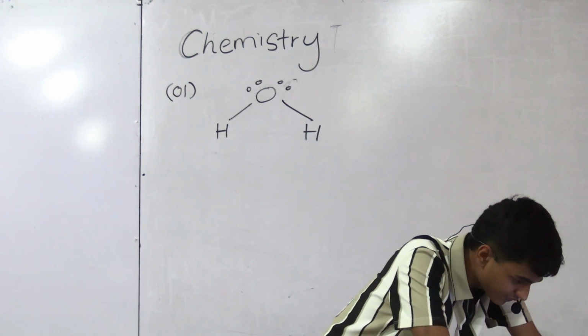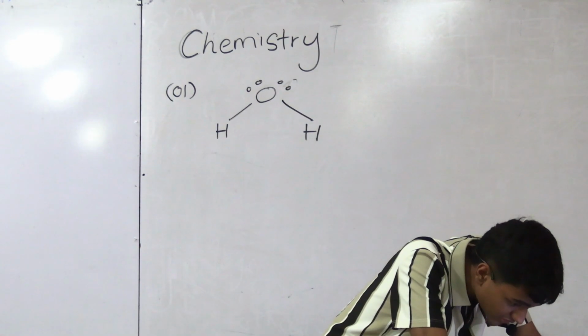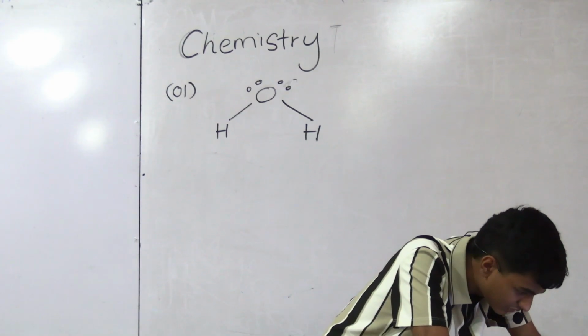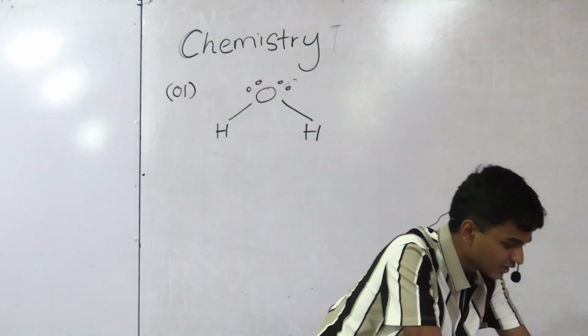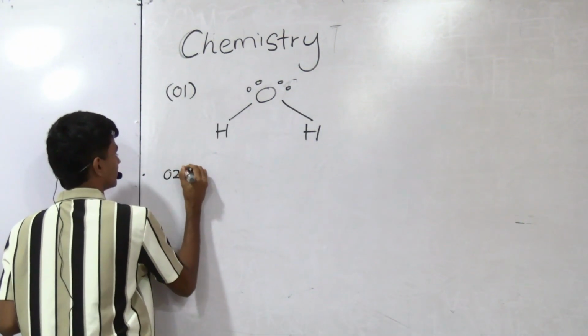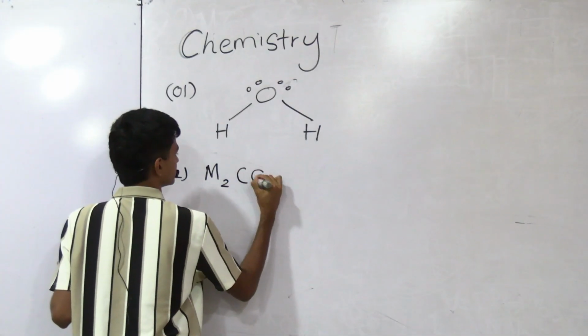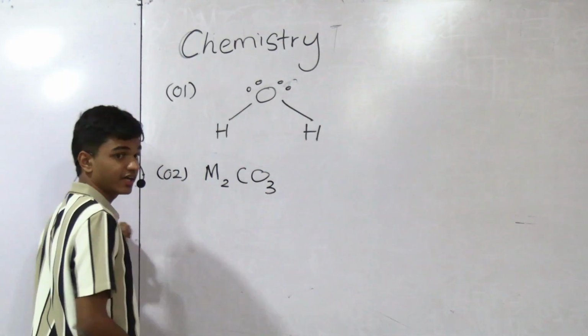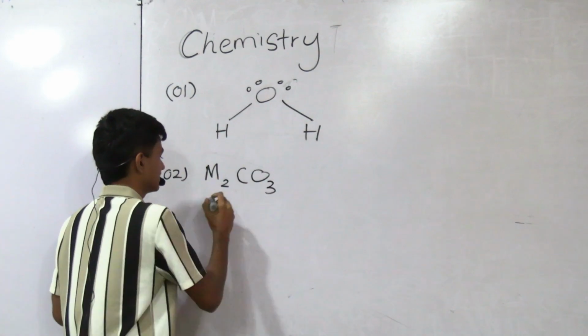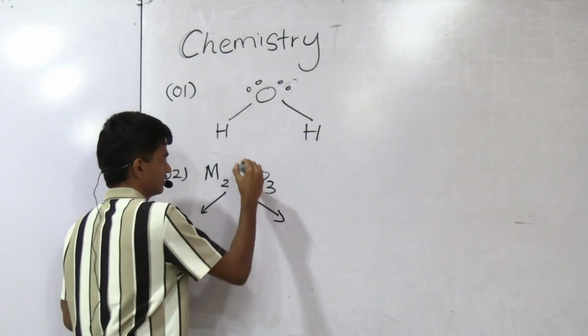Question number 2. The chemical formula of the carbonate of an element M is M2CO3. What is the chemical formula of the chloride of M? Right, this is an easy one. M2CO3. Right? If we separate this into 2 groups, this is 1.